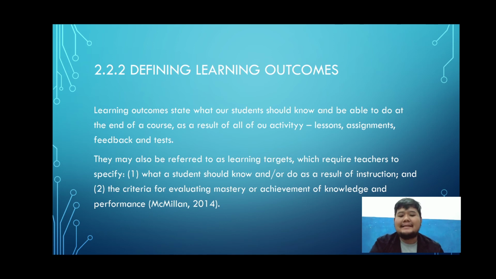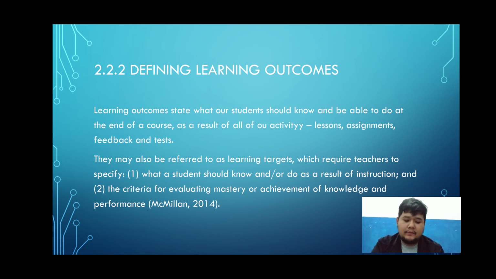Learning outcomes are explicit statements of expectation or criteria that describe the skills, knowledge, attitudes, and capabilities that our students should achieve as a result of our work with them during a course.